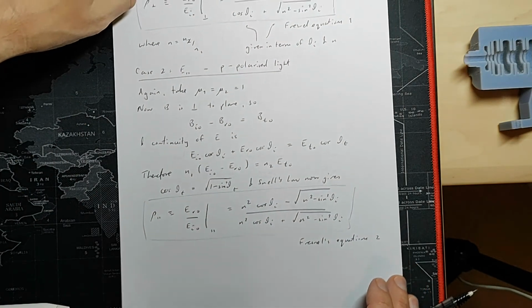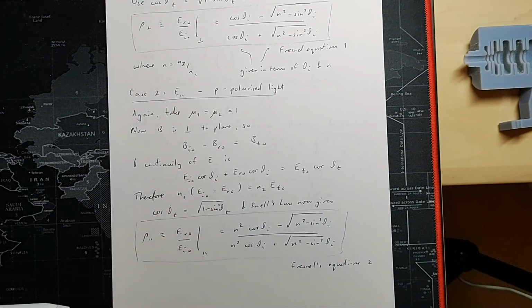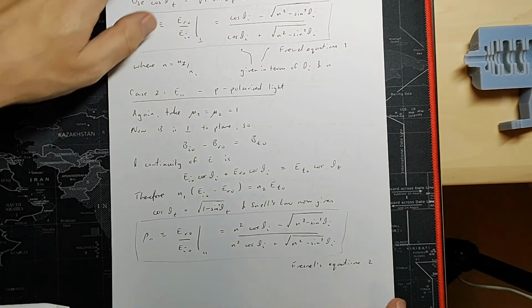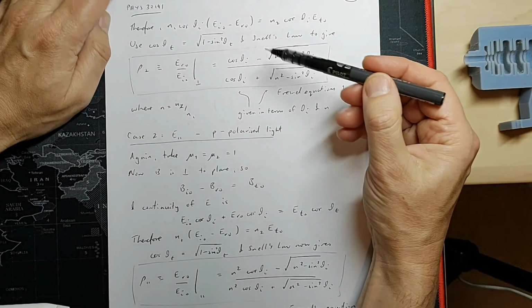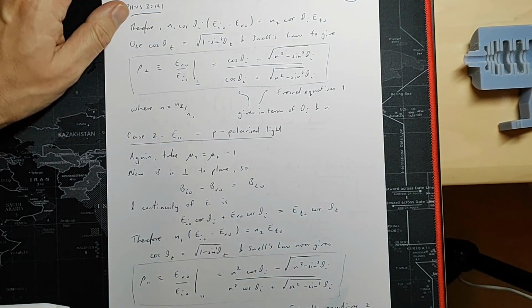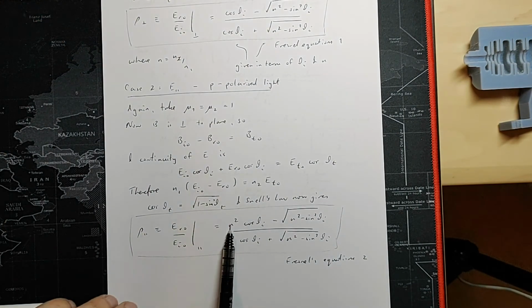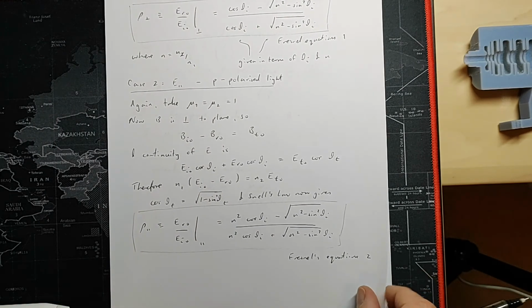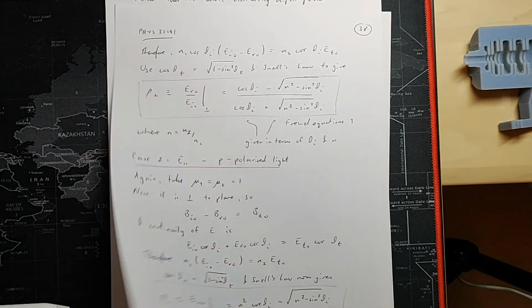And note that it has a different form. I still have the cos theta term here, but the difference is for the perpendicular component there is no n squared term, but in the parallel component there is an n squared. That's how they differ from each other. So again, there are several Fresnel equations. This is the one for the reflection coefficient. So there are a number of them.